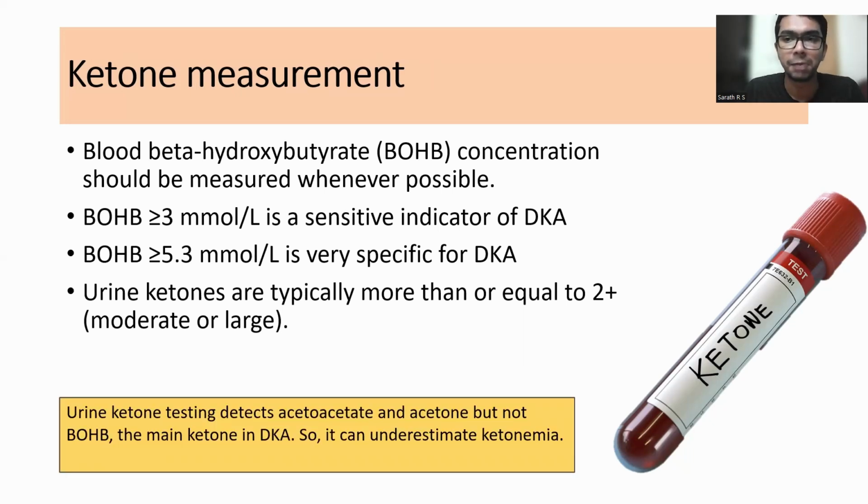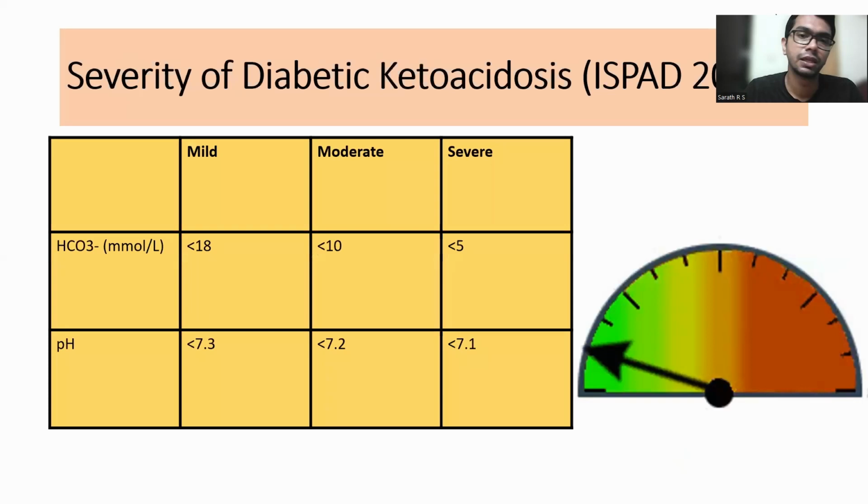However, you should keep in mind that the urine dipstick test detects only acetoacetate. The main ketone body, beta hydroxybutyrate, is not measured. That's a pitfall of using urine ketone estimation, so you should remember that it can underestimate ketonemia.